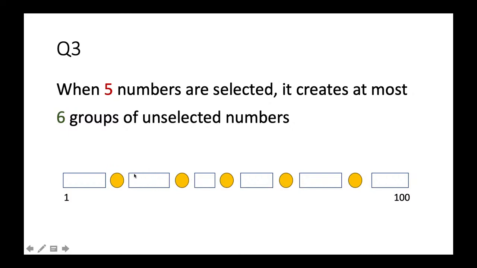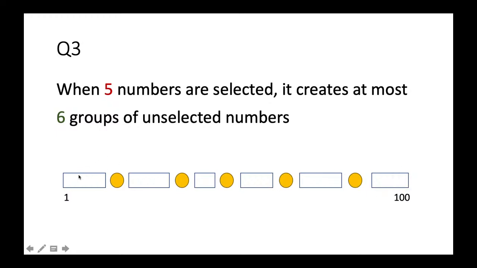Suppose I'm selecting 1 and 11. In between, there should be 9 numbers. So in between each pair of selected numbers, there should be 9 numbers, but there is no restriction at the two ends.